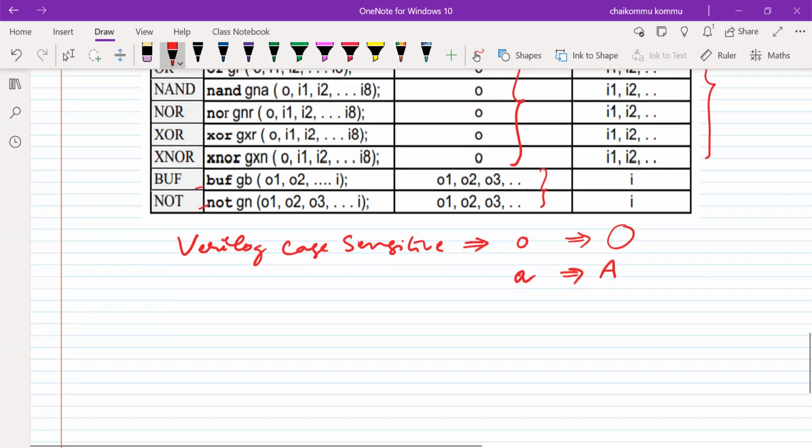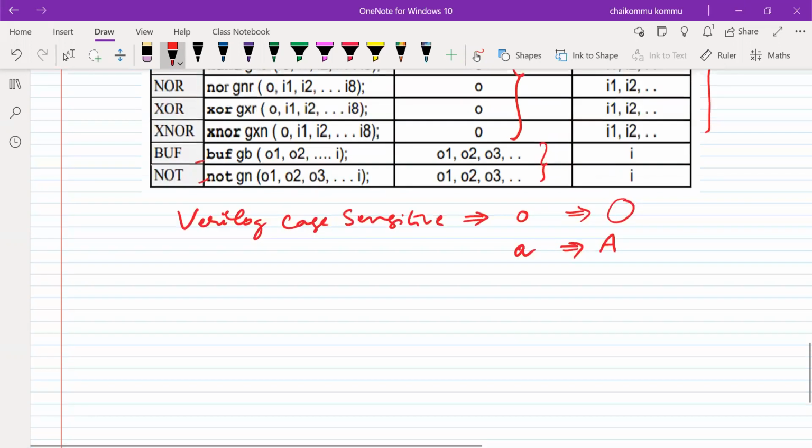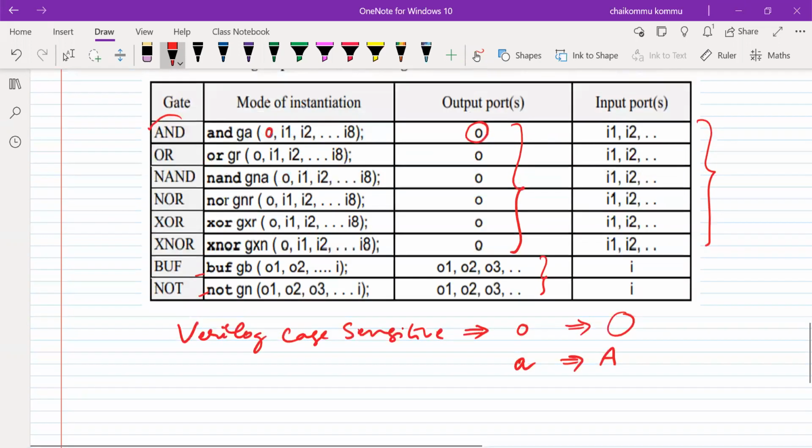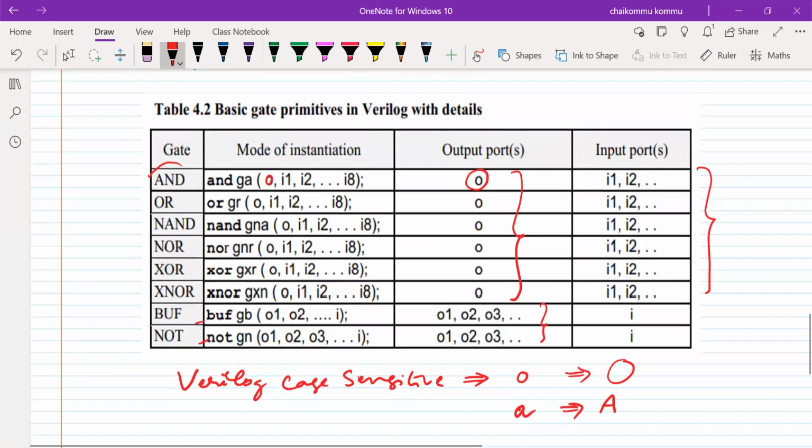Now, let us consider the different truth tables that are available for each and every gate. I explained previously how we fill the truth table, so the same truth table I am going to write again here. Please note that.